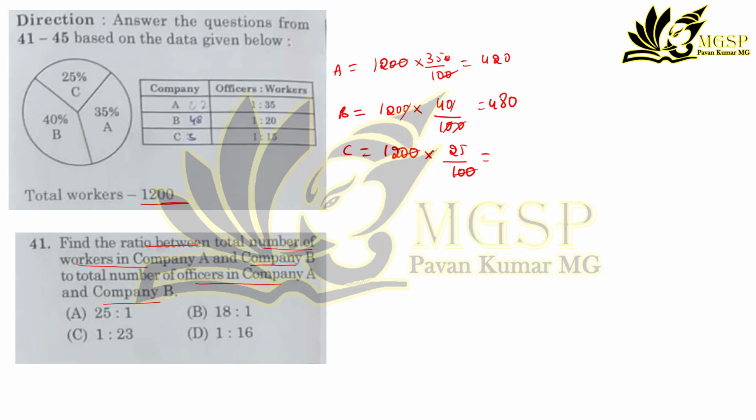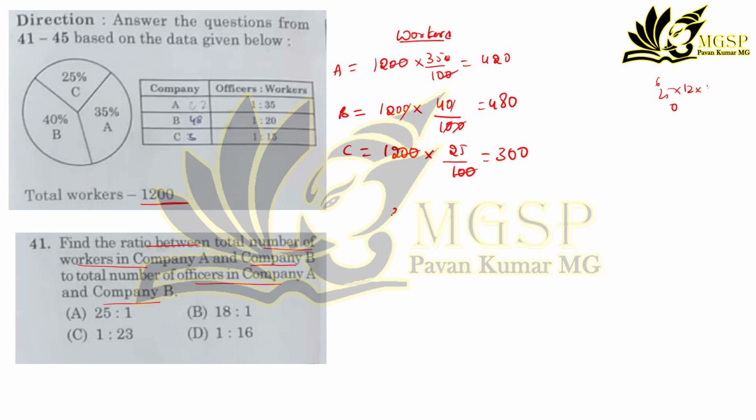This gives you 300. Okay, these are the workers.